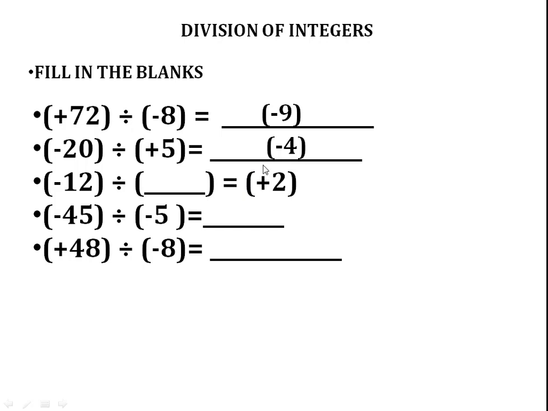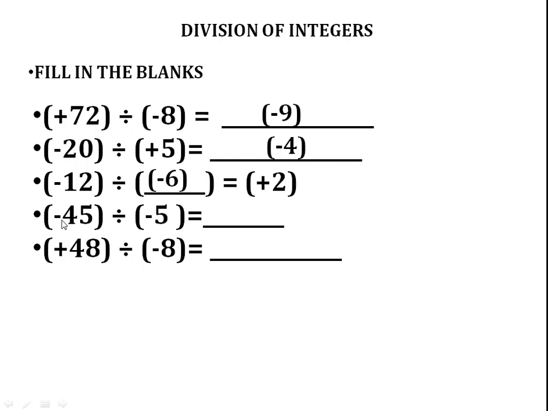So the two numbers which you divide will be negative. If one number is negative, the other number also should be negative. Then only you will get a positive answer. So what will be the answer here? Negative 6.